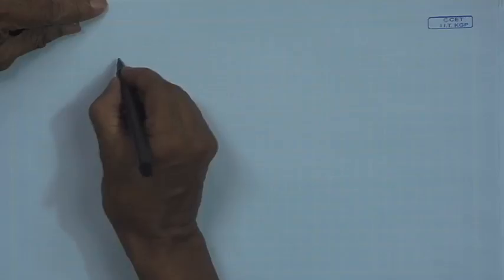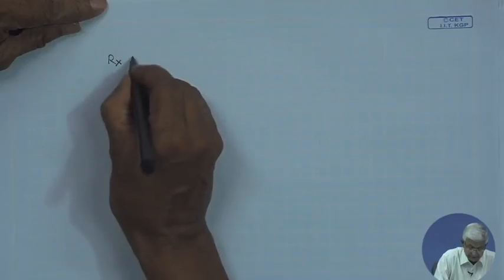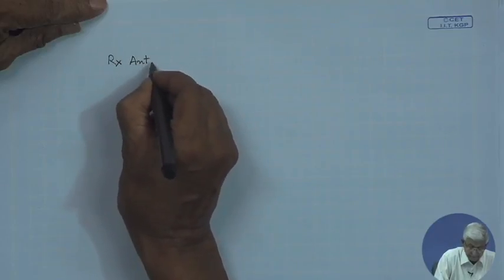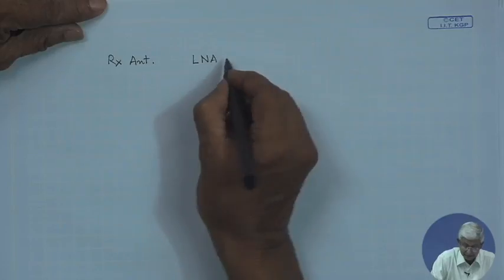Okay, let us go a little more inside the station, that is, the electronics in the station. Obviously there is an antenna, so let us call it a receive antenna, and then this receive antenna will go into the RF section. First will be the low noise amplifier, we have discussed earlier.